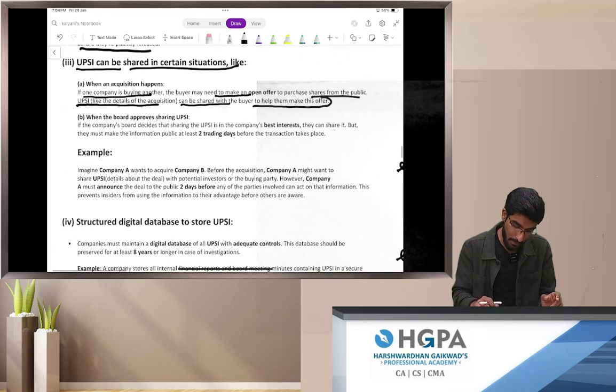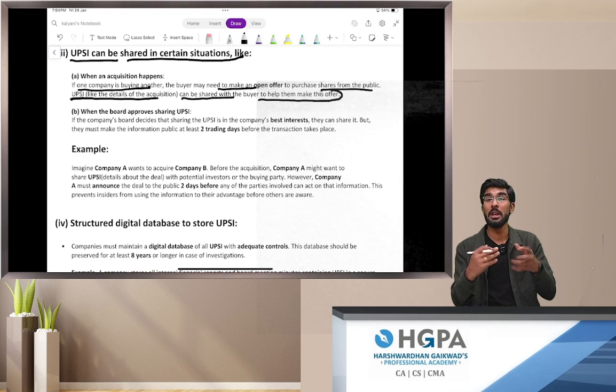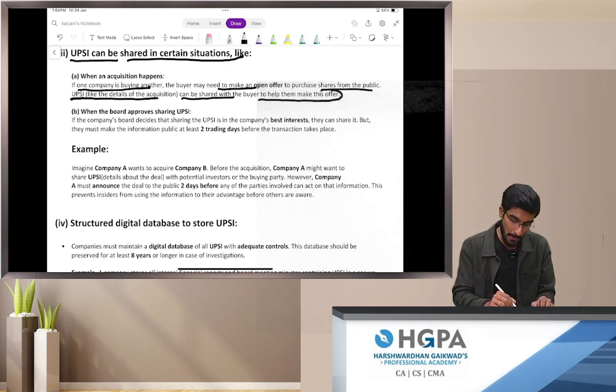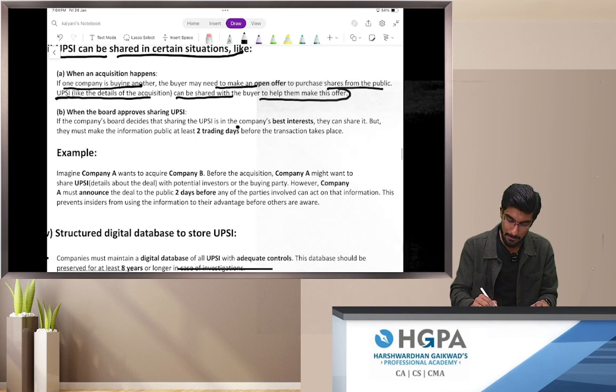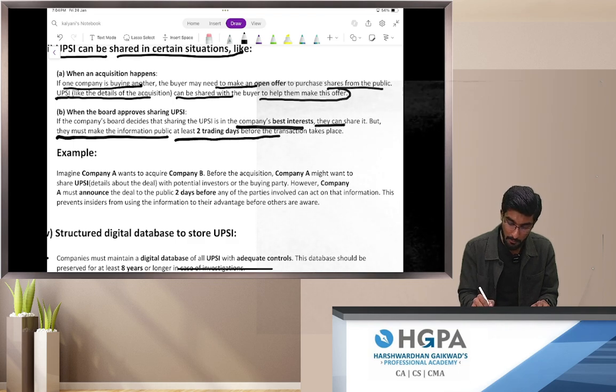Cool. Next, when the board approves sharing UPSI. If the company's board decides that sharing the UPSI is in the company's best interest, they can share it, but they must make the information public at least 2 trading days before the transaction takes place.